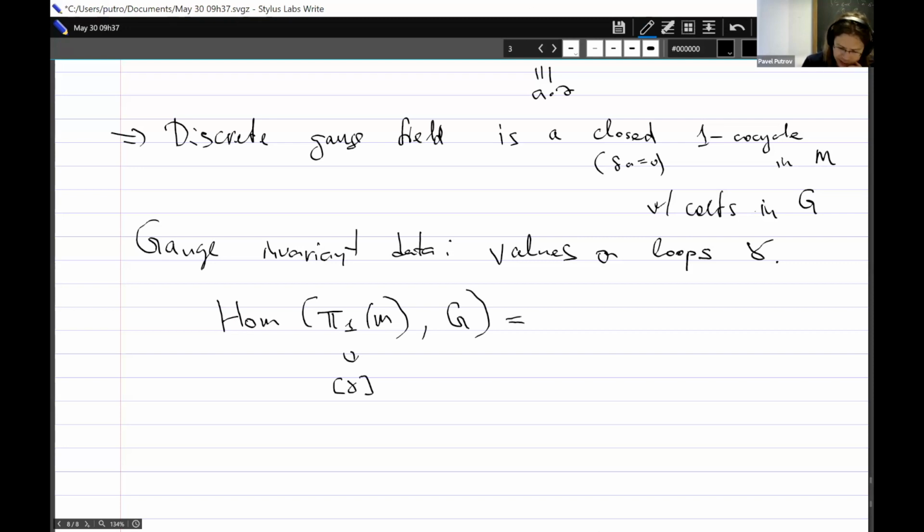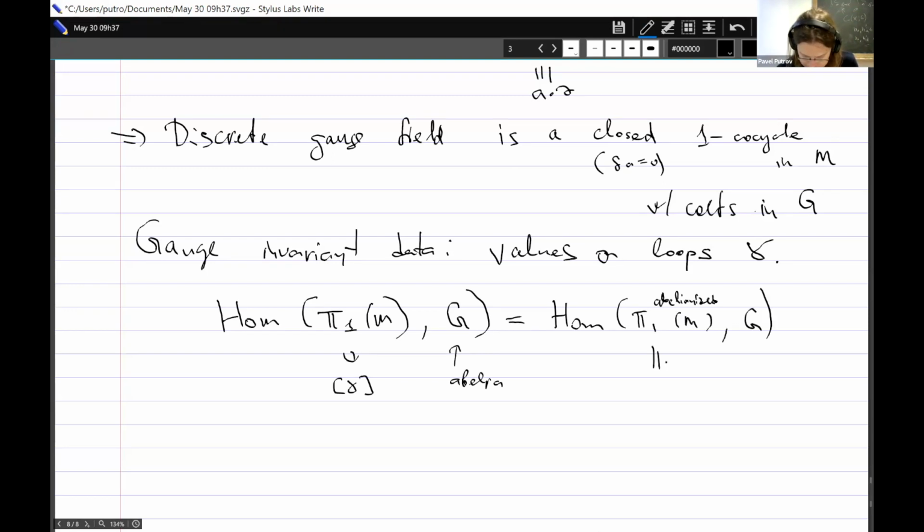But if you take G to be abelian, we can replace this fundamental group with its abelianization. And there is a statement which is not difficult to understand: this abelianization of the fundamental group is isomorphic to the first homology group of M with integer coefficients.